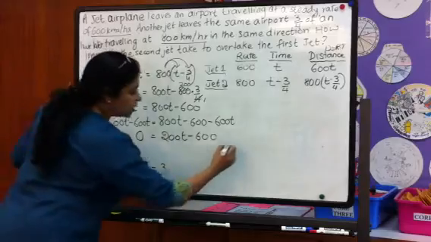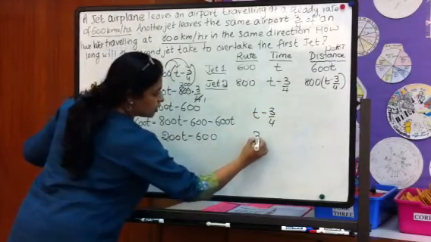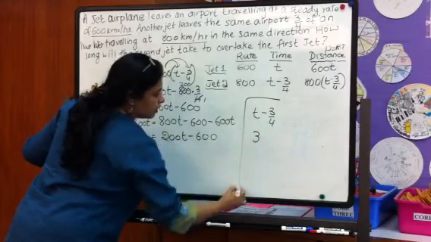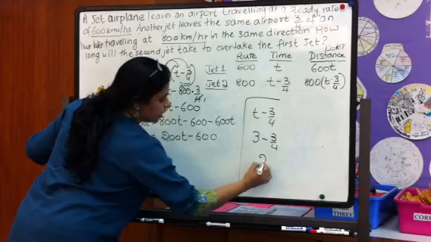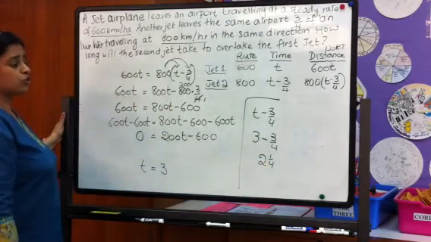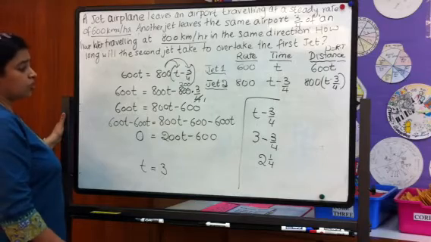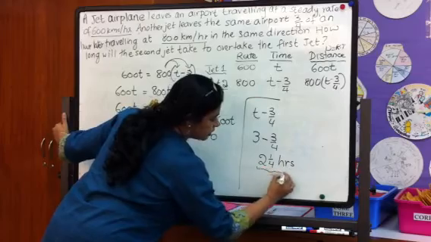That would be t minus 3/4, and t is 3, so I'll substitute 3 for t, and I take away 3/4, I get 2 and 1/4. What is the unit we're talking about? We're talking about time, and it's all been in hours, so it will be 2 and 1/4 hours.